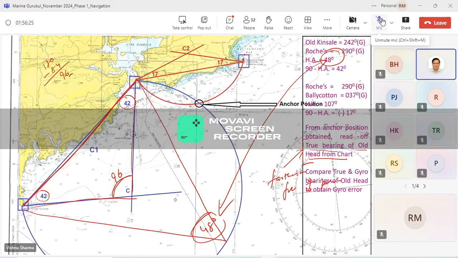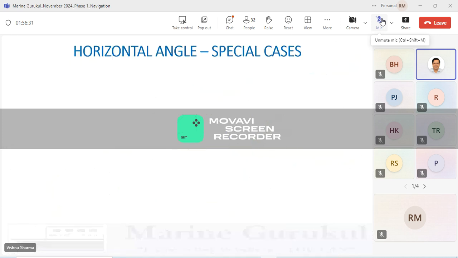Now, I said your horizontal angle can be anything from 0 to 180. That means my horizontal angle can be 0, less than 90, equal to 90, greater than 90, or equal to 180.